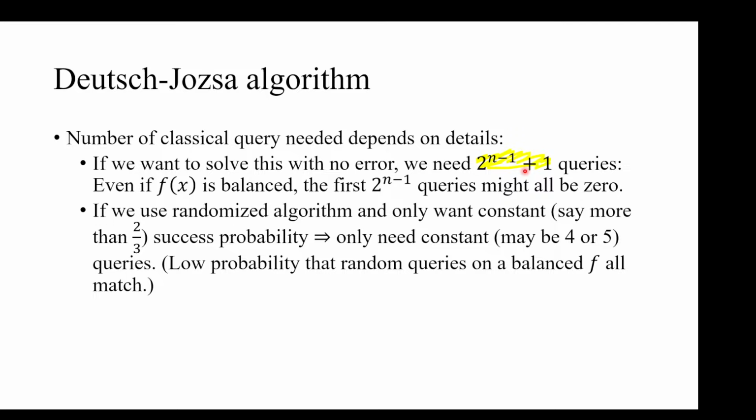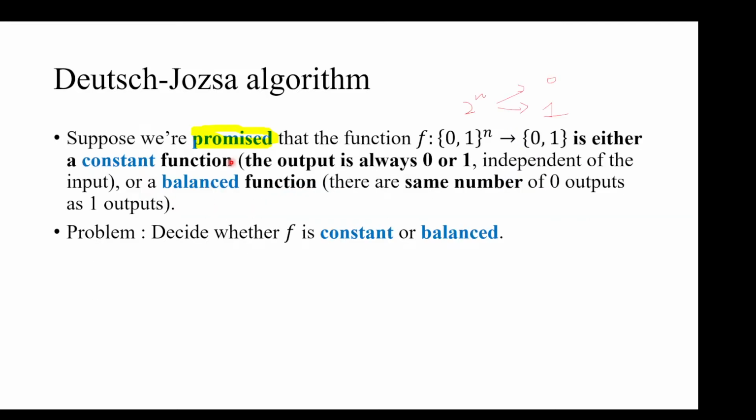But if you want to have no error, the most intuitive classical algorithm is to keep querying f and see what the output is. You just ask what's f of 0, f of 1, f of 2, etc. If they are all the same, then it's a constant function, and if you see a difference, then it's balanced.